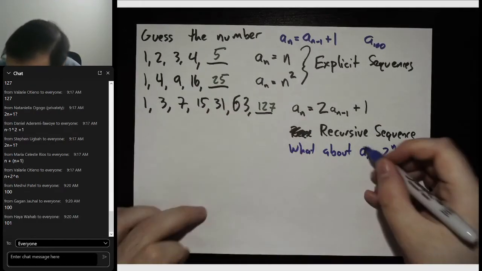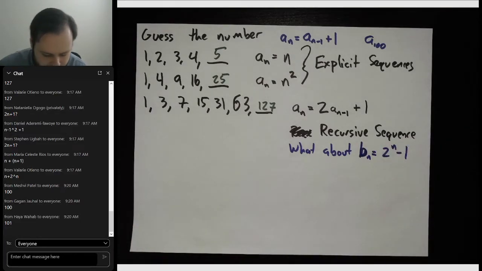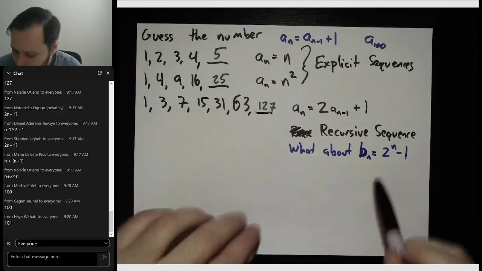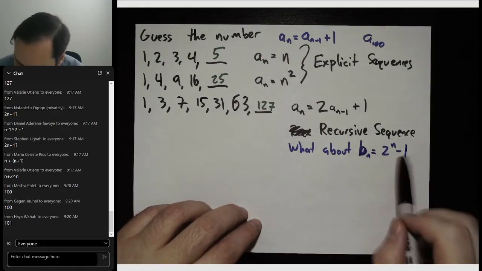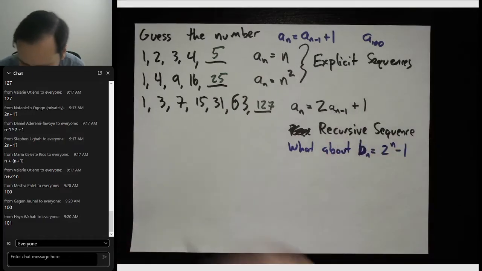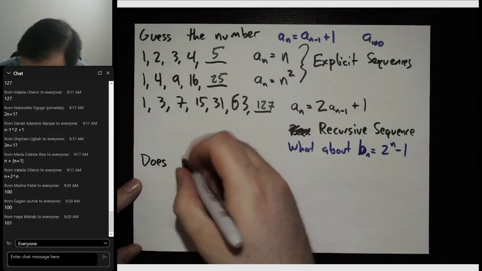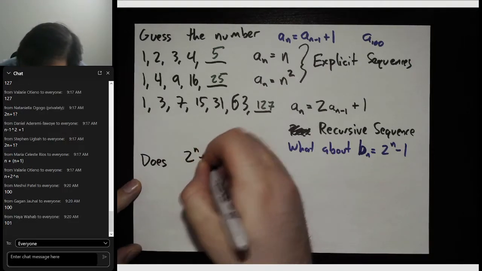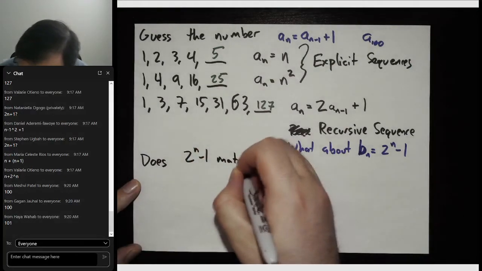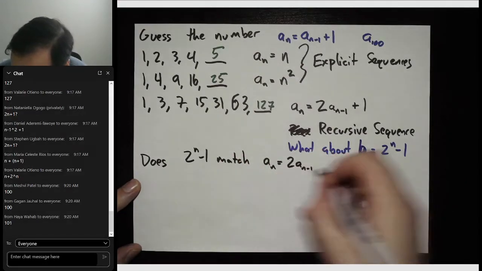Let's give this a different name. Let's call it b sub n. So question, is this the explicit formula that matches this recursive formula? Does 2 to the n minus 1 match a sub n equals 2 a sub n minus 1 plus 1?